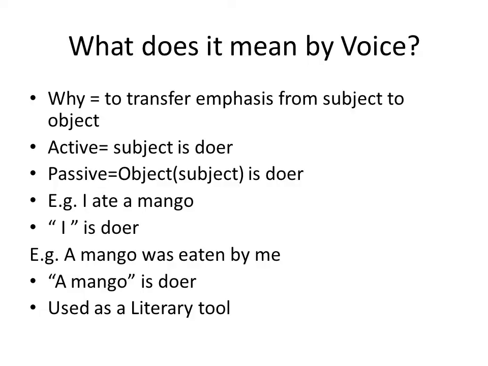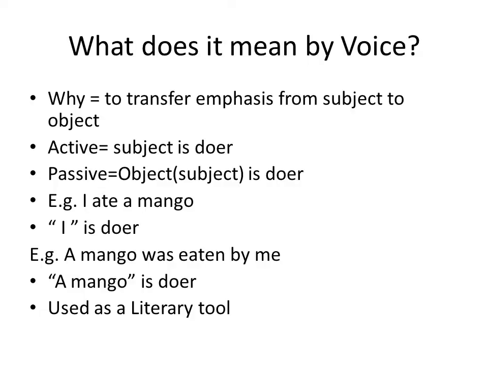So this is the most important thing, the object. In the active construction, the construction of this active sentence is subject, in this sentence I, then verb, that is in this sentence ate, then object, or whatever it may be.